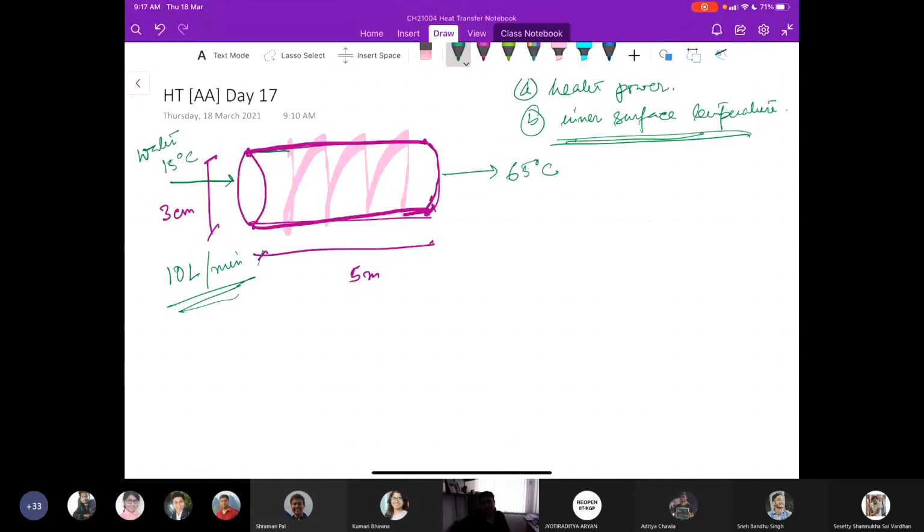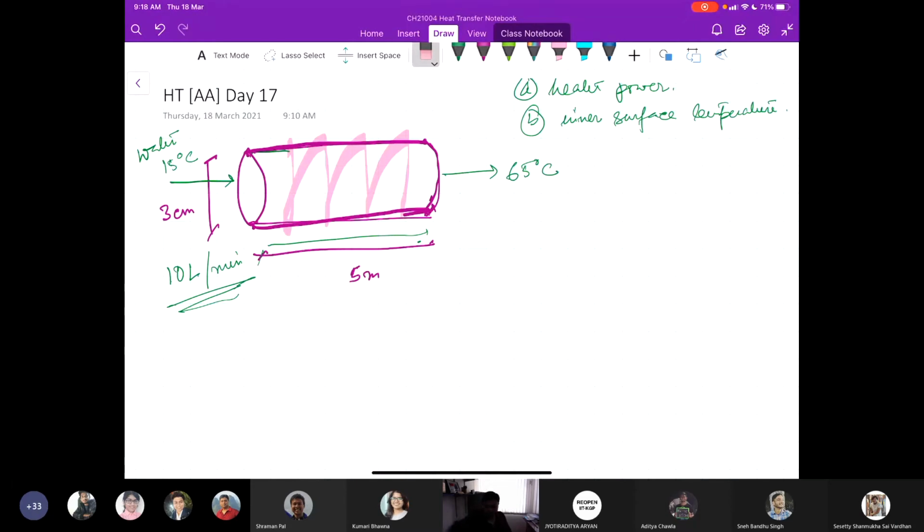That inner surface temperature is not constant throughout the surface. If you have to keep the constant surface heat flux and your inlet and exit temperatures are fixed, then how can you maintain a constant surface temperature? That is not possible. So it has to be suffixed by a point where you need the inner surface temperature.